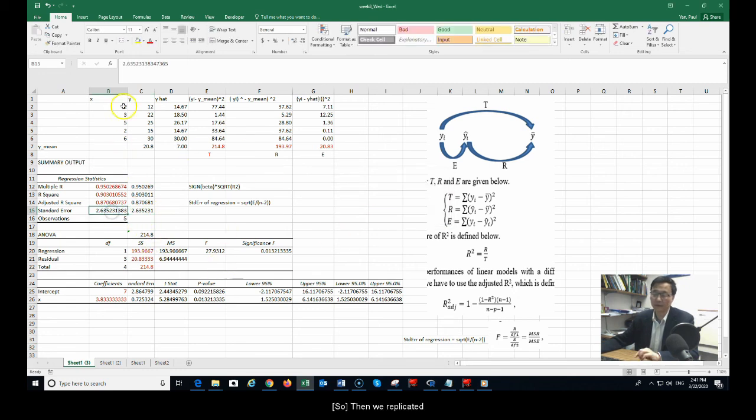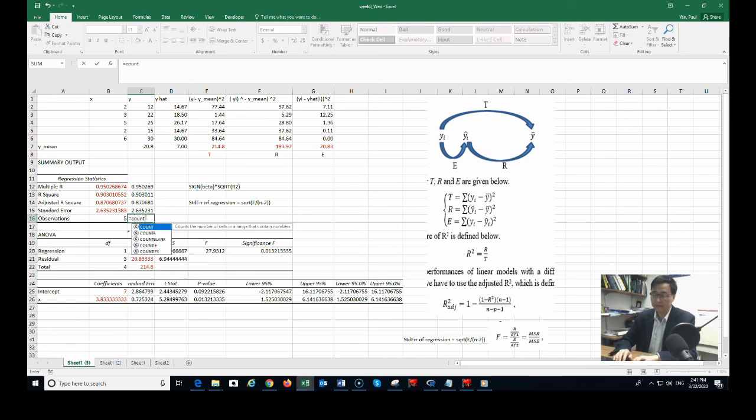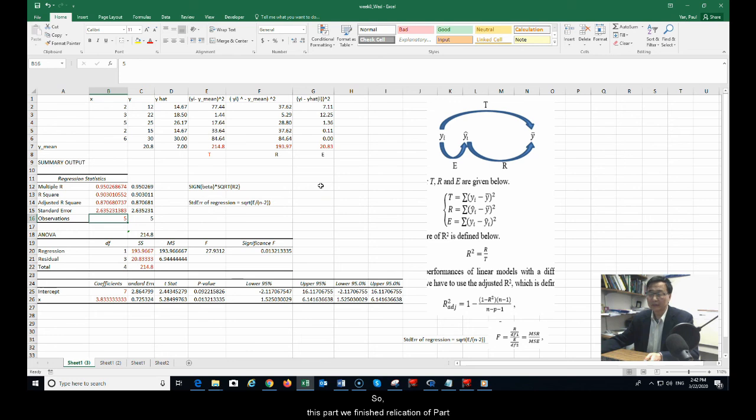Then we replicate the last value, which of course will be count. This is how many pairs of observations. So this part we finish replicate part 1 of our simple linear regression.